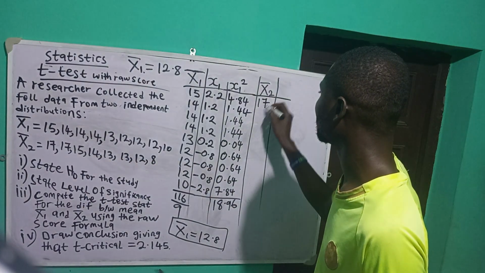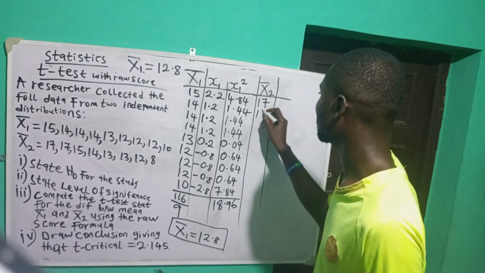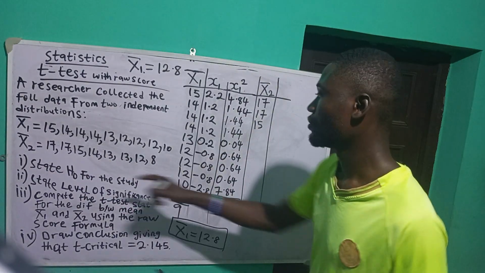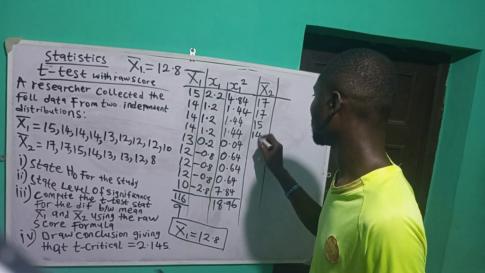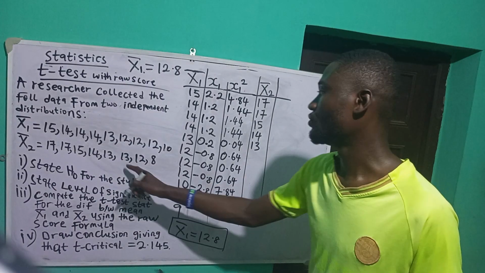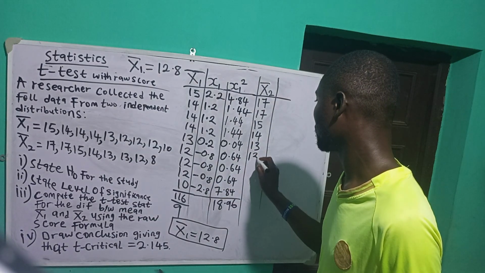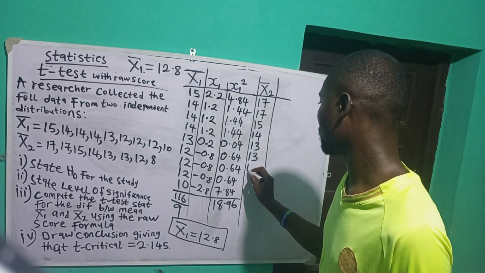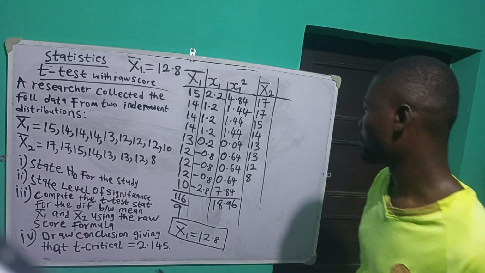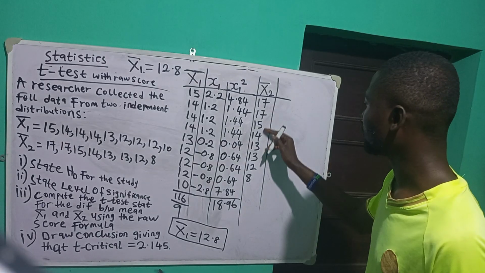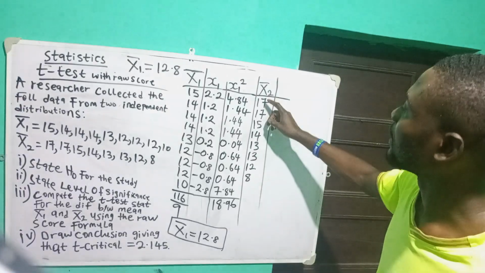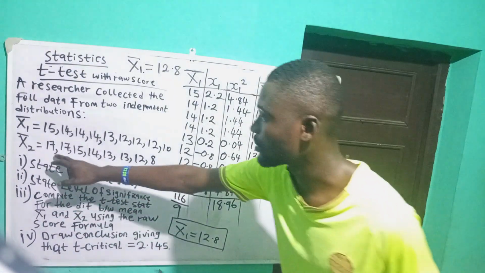So you have 17, 17, 15, 14, 13, 13, 12, and 8, right? 1, 2, 3, 4, 5, 6, 7, 8. So these are the numbers under the second set of scores.